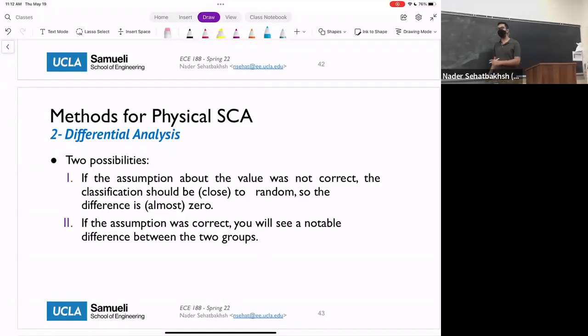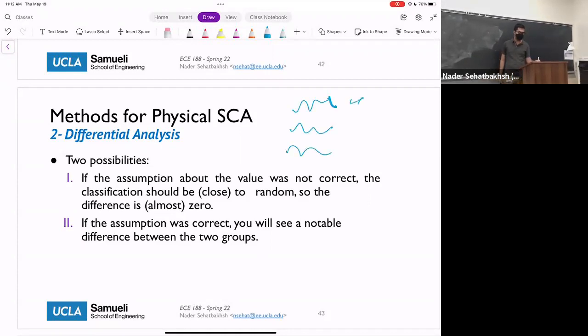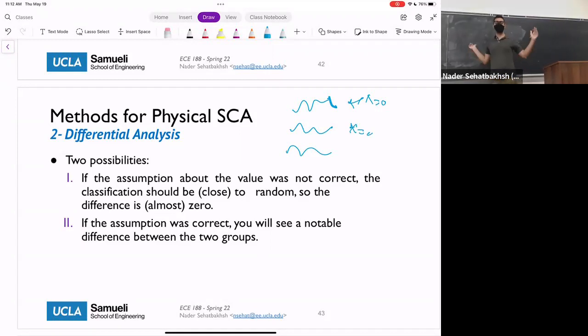So this way, although by just visually looking at these different samples, I cannot say which one is X0 or which one is X1, if I categorize them correctly and then average them together and then differentiate them from each other, then I can quickly find what is the difference.